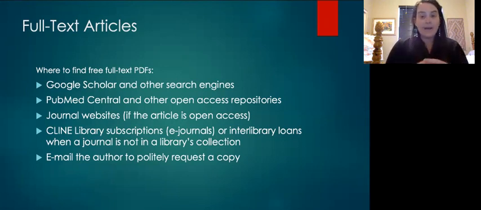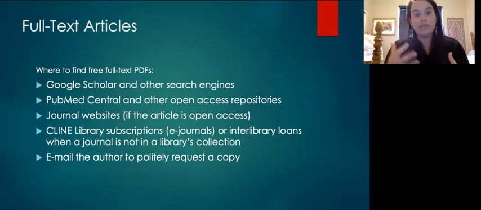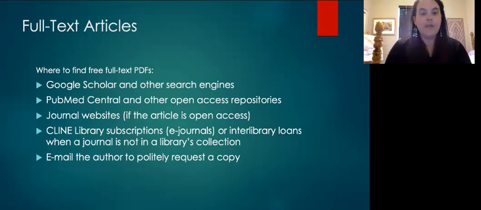I highly recommend putting those requests in if you find an article that we don't have at NAU. Through our resources in week 3, it tells us how to do that. You can also use email or ResearchGate to send a request to the authors for a copy. So there are all different ways of doing that.